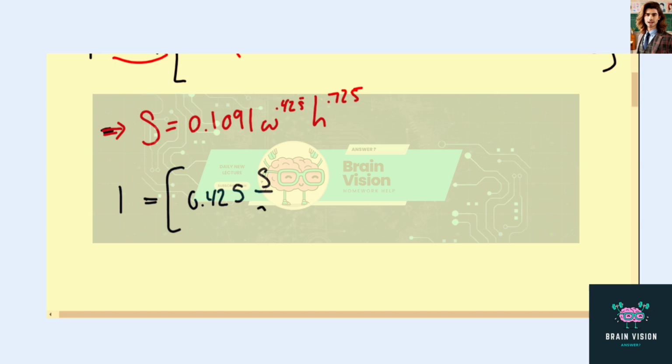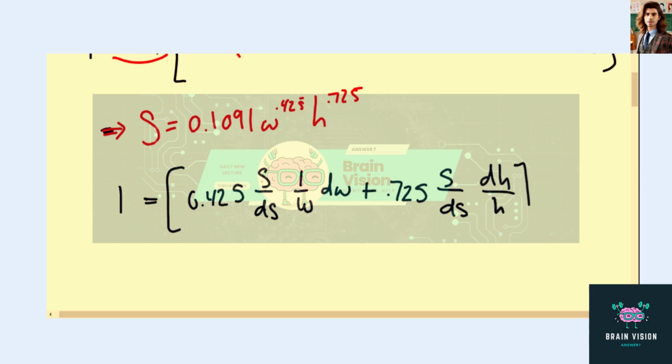That gives us 1 is equal to 0.425 S ds times 1 over w dw, plus 0.725 S ds times dh divided by h.